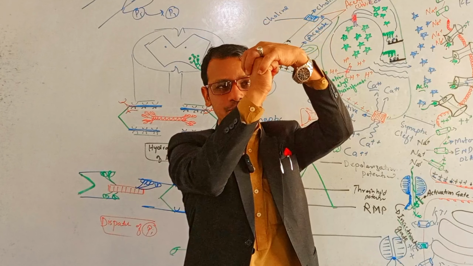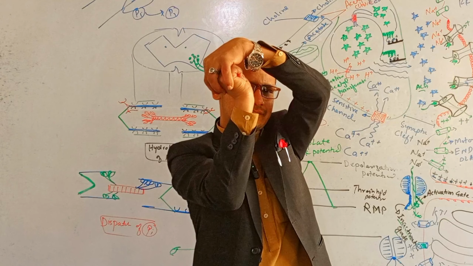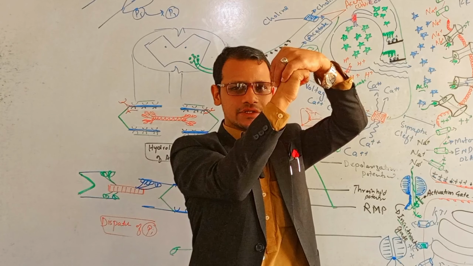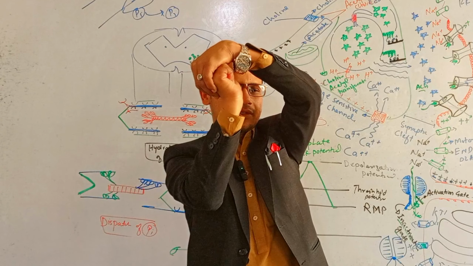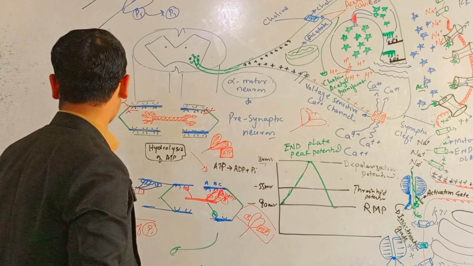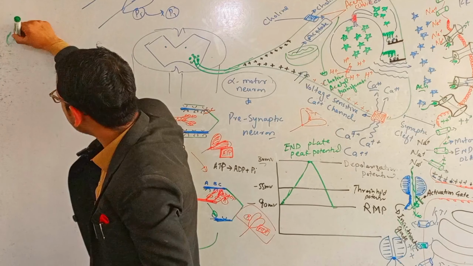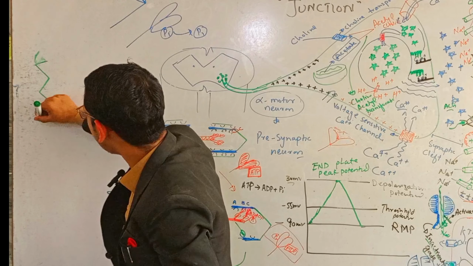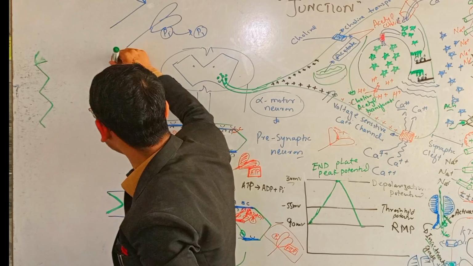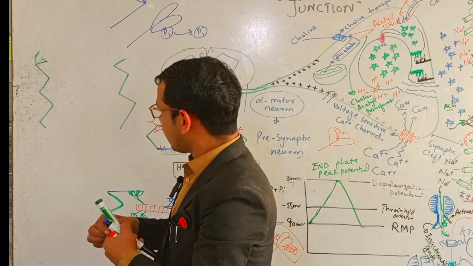And when phosphate is detached, it bends, and when it bends, the actin contracts. What will happen to these bends? For example, this is the Z line and this is also the Z line.